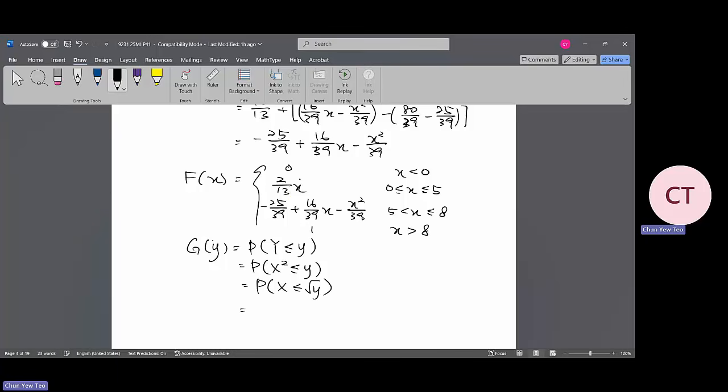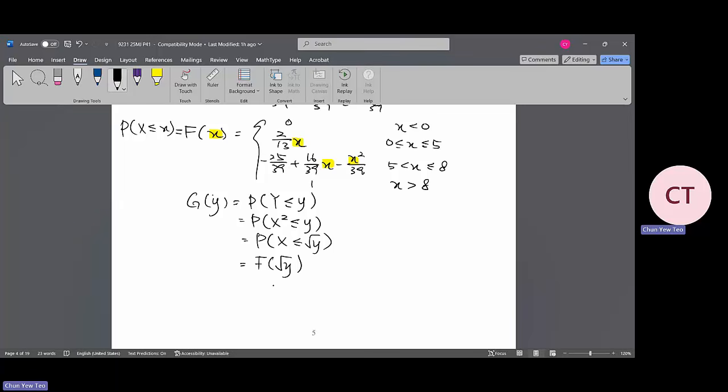That means I'm going to replace all the x over here to become square root y. So this is actually the same as the F of square root y. By the way, the meaning for this one is this. Okay, so you need to make it become square root y.